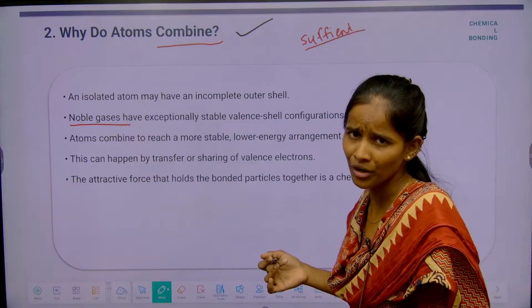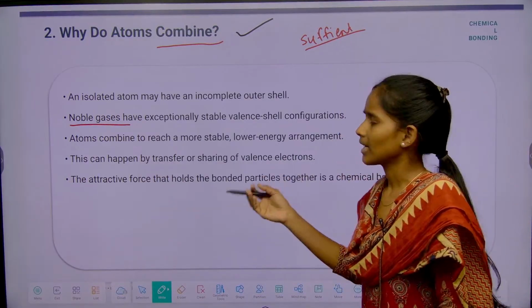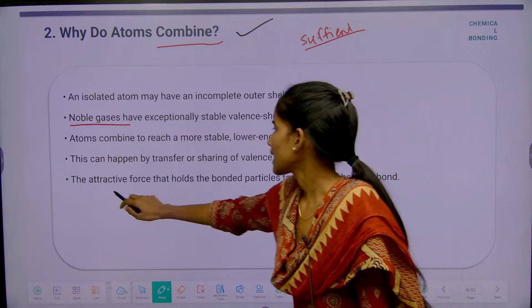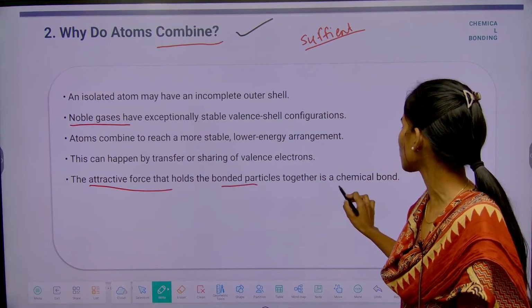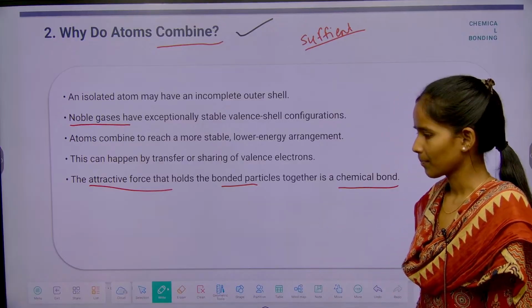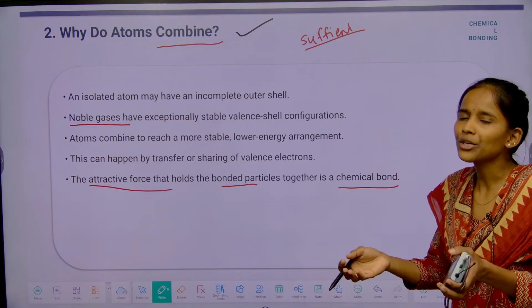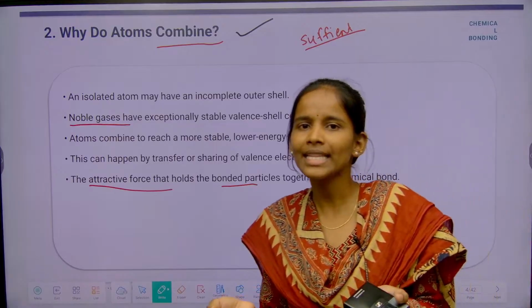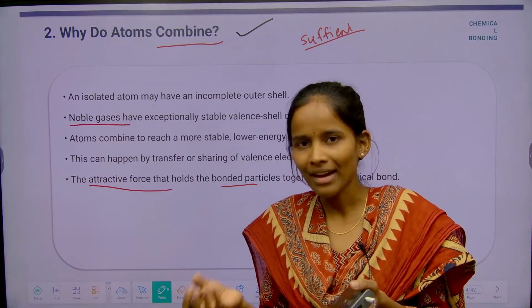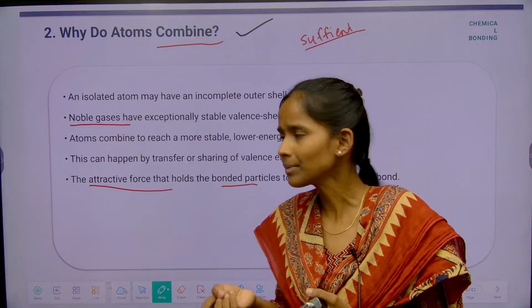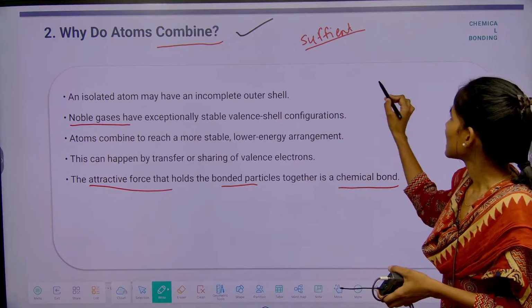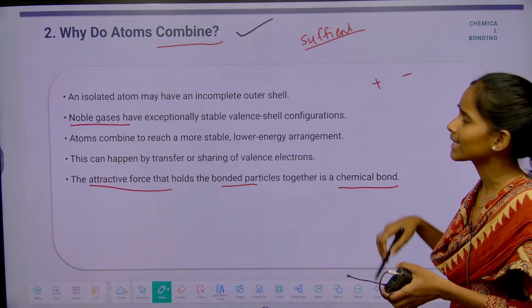What is a chemical bond first? The attractive force that holds the bonded particles together is called a chemical bond. Any two atoms, either they are sharing electrons or one atom is giving to another and another atom is accepting. It means there is positive and negative charge, right?